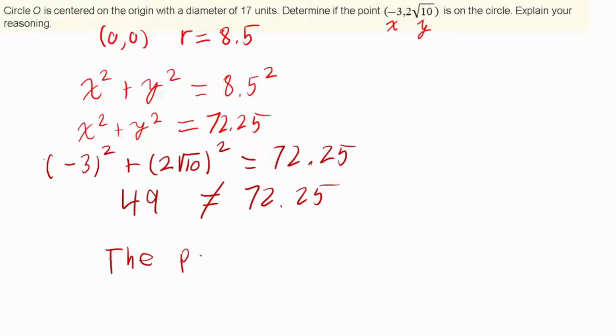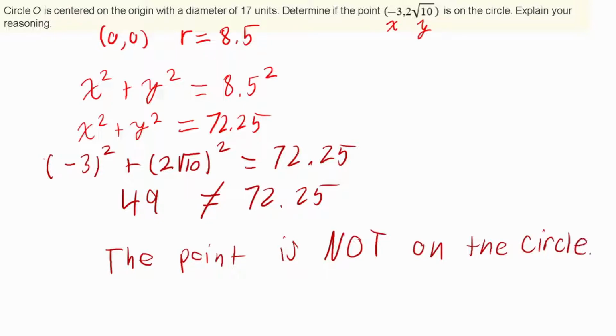The point is not on the circle! I'll put an exclamation point to really drive it home. So once again, what did we do here? We wrote our equation, we plugged the points in, and we said, hey, are these two sides equal? In this problem, they were not.